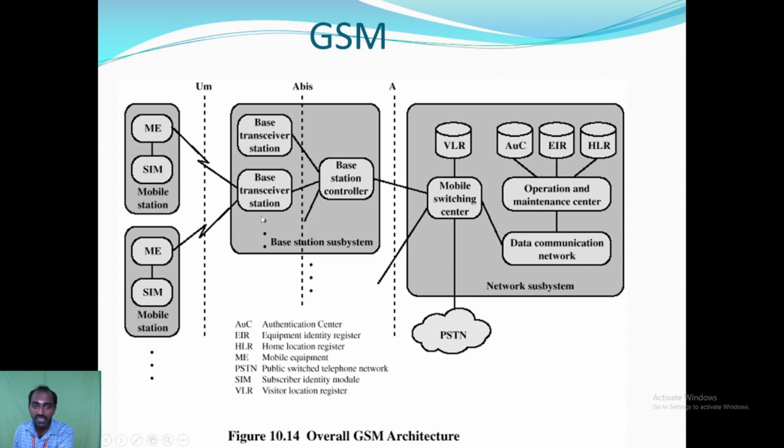There are 3 main subsystems: base station subsystem, network switching subsystem, and third, operation and maintenance control subsystem. Then we discuss them one by one.